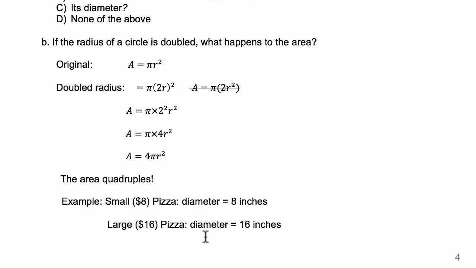Since the radius is half the diameter, notice that the large pizza also has twice the radius of the small pizza. From our work in this example, we know that the area of the large pizza is quadruple the area of the smaller pizza. So even though the large pizza is double the price, it is a better deal because you're getting quadruple the pizza.